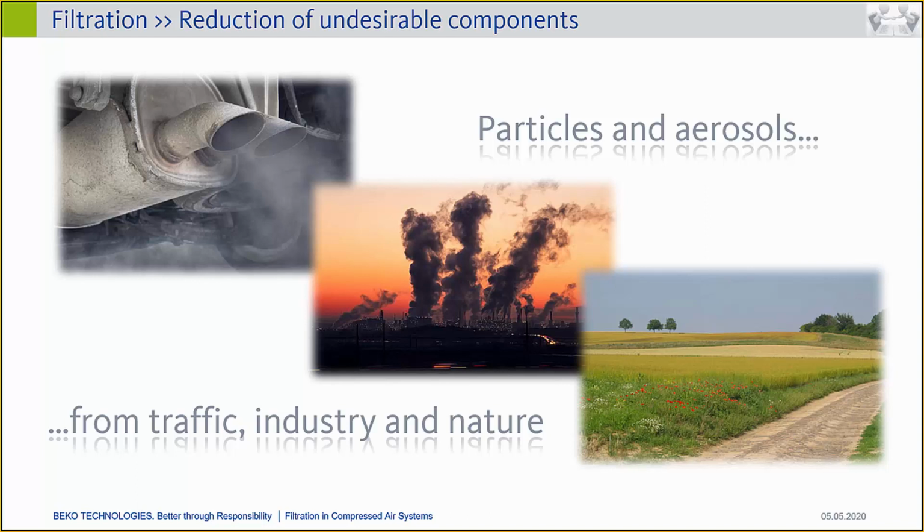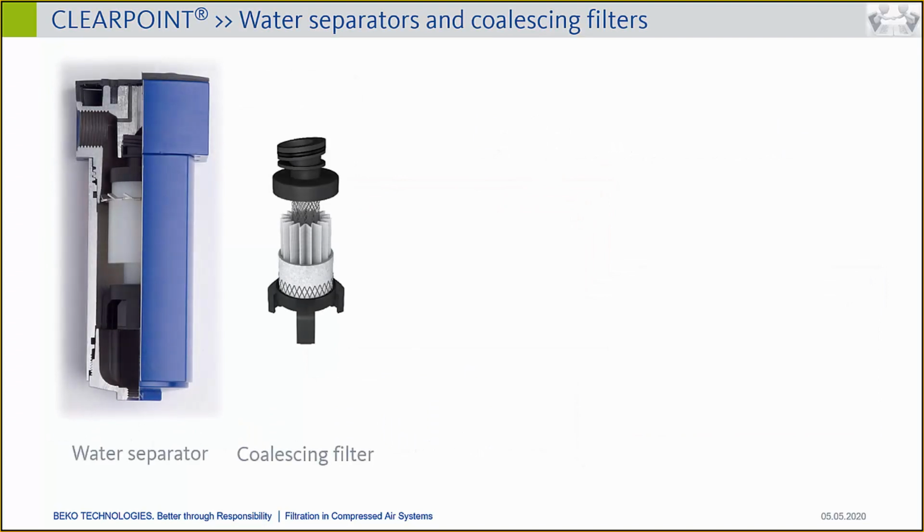What products come into action here? For that purpose, we have a water separator and coalescing filter. So here you can also see the threaded version of our water separator. There's an inlet integrated where we have paddles that drive the compressed air stream into a circular direction.